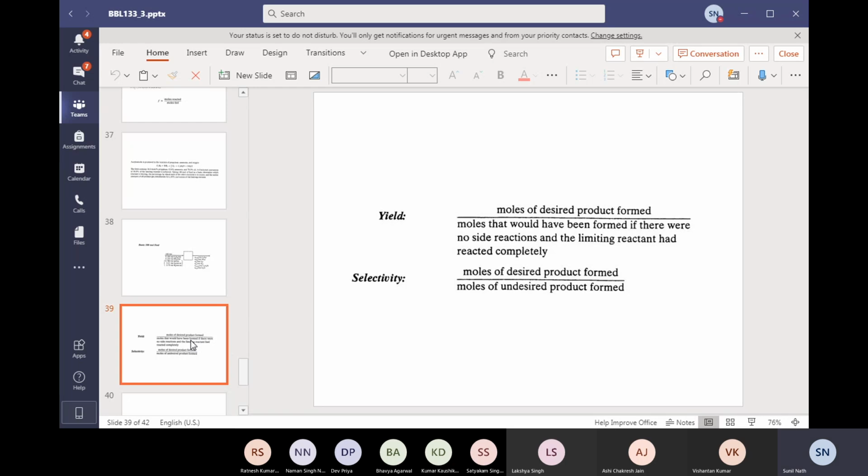Because whatever is in the fresh feed is not all consumed, right? Okay. The definition of selectivity on the other hand is the same always. And there is no ambiguity there. As far as I know, there is only one definition for it. So it's just desired product formed by undesired product formed. How many moles upon moles? It's a ratio.